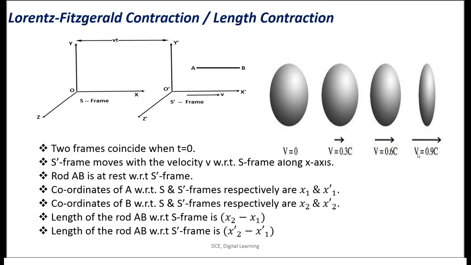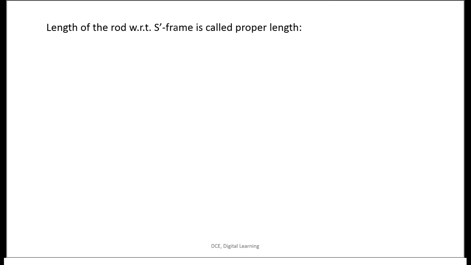And when we increase its speed to v equal to 0.9, say, it is almost completely contracted. Look at the difference between the sphere and here, where it seems to be like an ellipsoid. So we are going to derive the length contraction equation here.